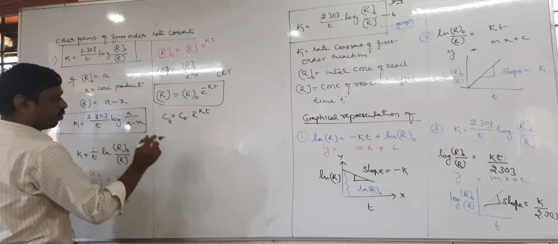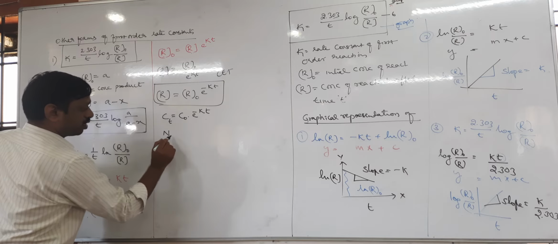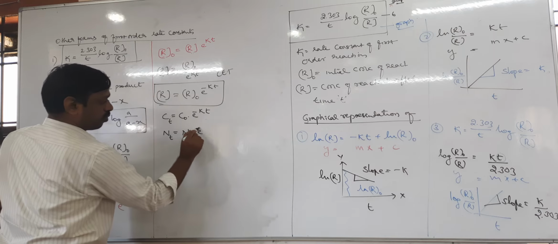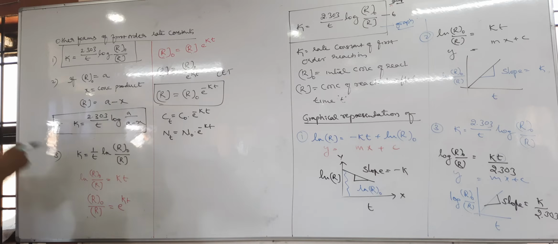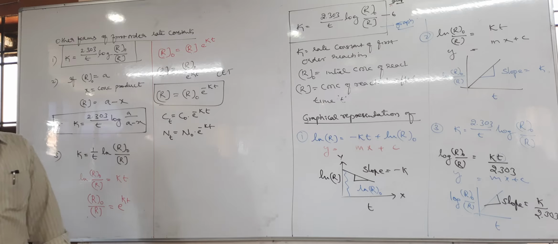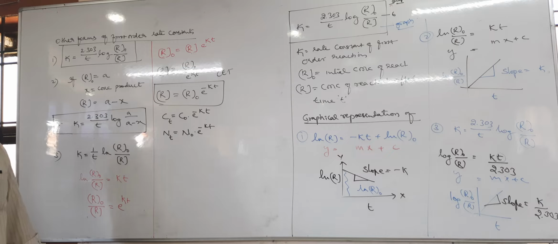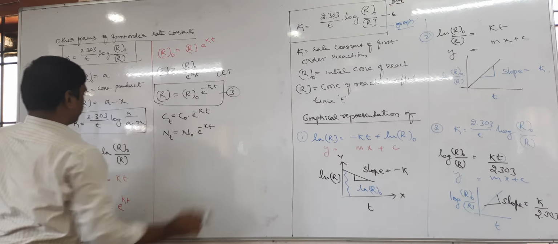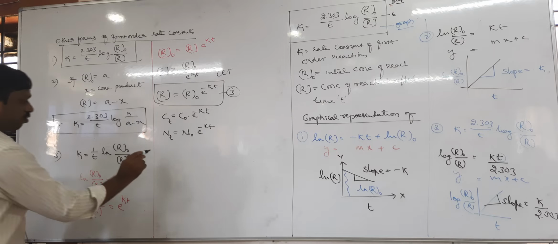In physics you study Nt equals N0 into e to the power minus kt for radioactive reactions, because all radioactive disintegration reactions are first order reactions. So this is another form of the equation, equation 3. Next, the fourth one.